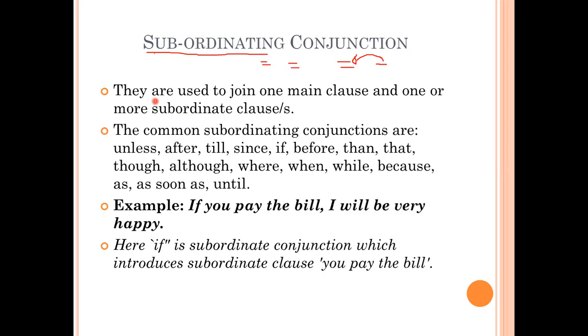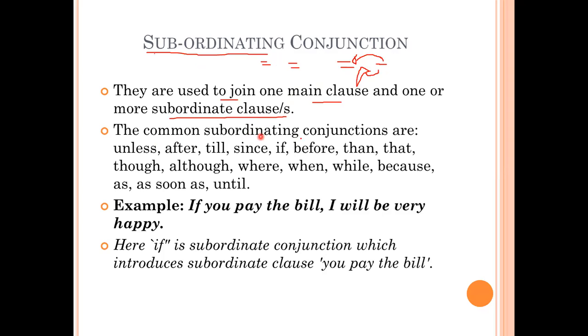Let's try to see. They are used to join one main clause and one or more subordinate clauses. The subordinate clause always depends upon the main clause for the meaning. In coordinating conjunctions, we were able to write two separate sentences, but here the subordinate clause cannot be written separately.